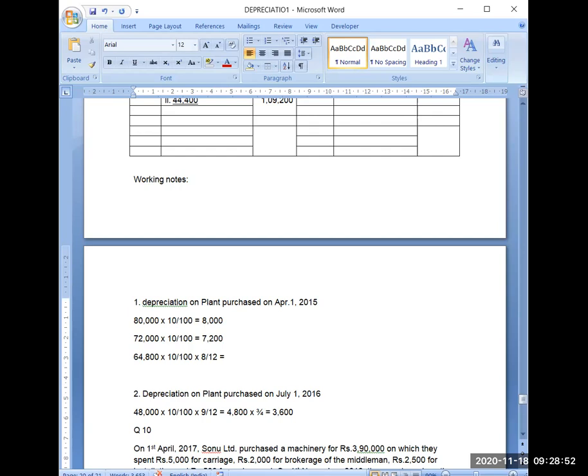So it will be 6,480 multiplied by 2 upon 3.